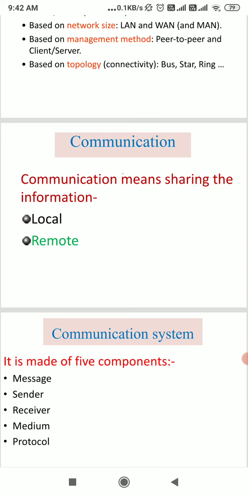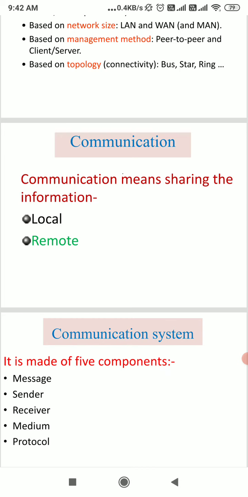Whenever we are doing communication, we can transfer to a local person who is at the same place, or we can do that communication remotely.